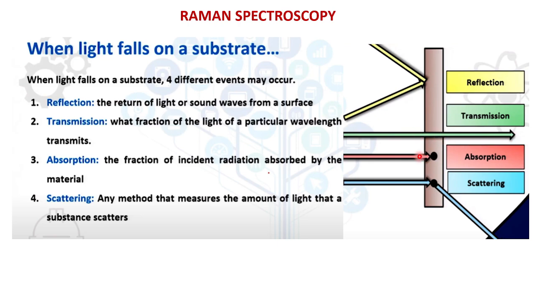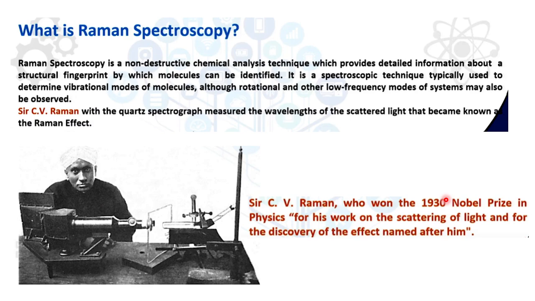The next is absorption. That is the fraction of the incident radiation absorbed by the material. And the fourth one is the scattering. That measures the amount of light that the substance scatters from its surface. So these are the four phenomena that happen when a light falls on a material.